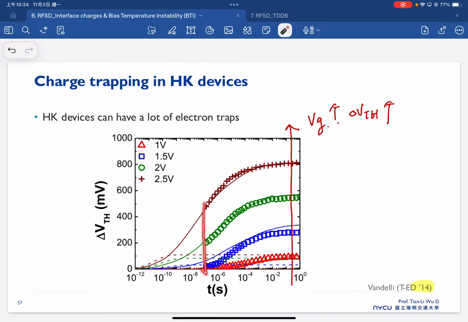If we try to develop certain modeling, then you will see that if you want to minimize the trapping effect, you probably need to make sure that your operation can be down to 10 to the minus 12, which is not possible because this is in the picosecond range. But anyhow, it shows that the trapping can happen so fast.